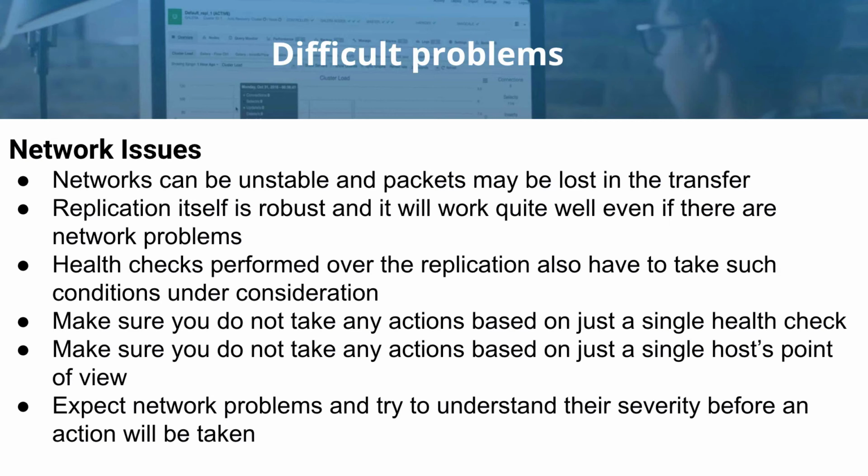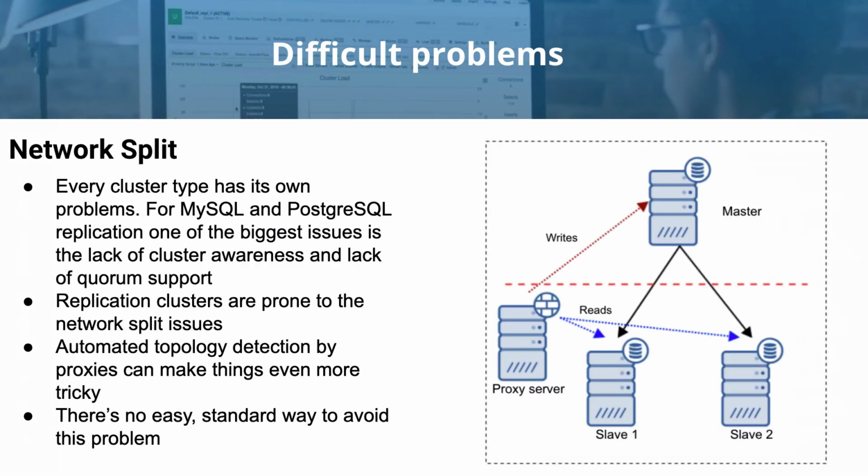Health checks performed over the replication also have to take such conditions under consideration. Make sure you do not take any actions based on a single health check or a single host point of view. Expect network problems and try to understand their severity before an action is taken.